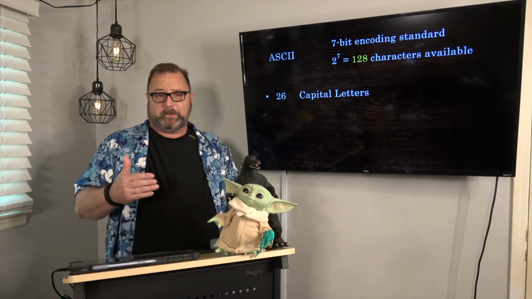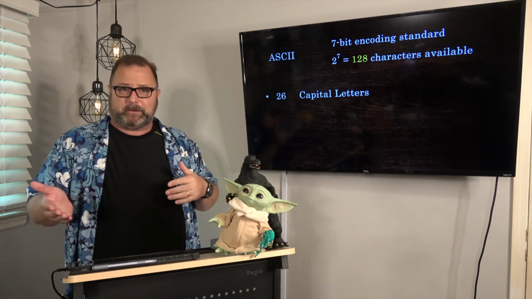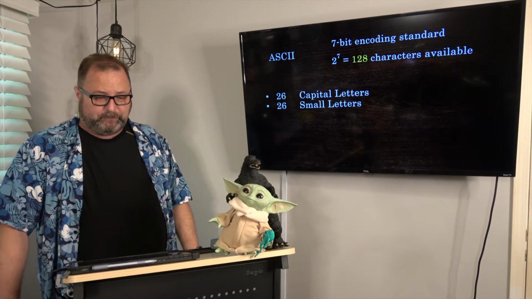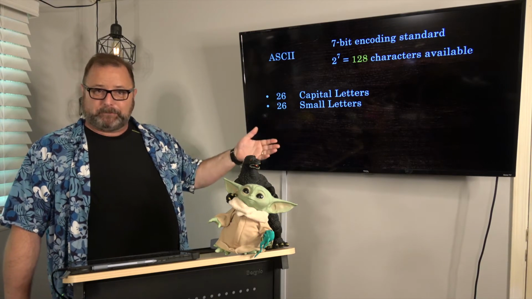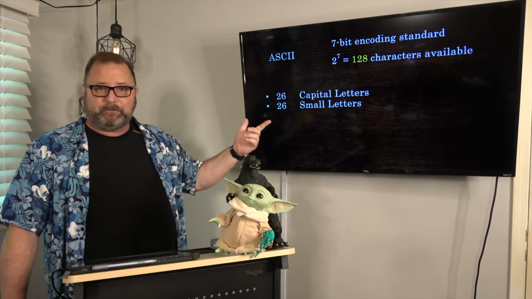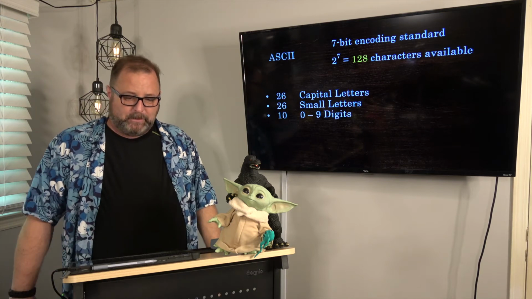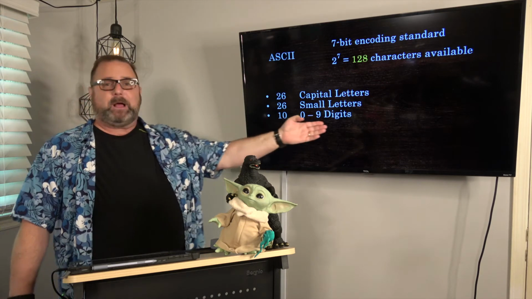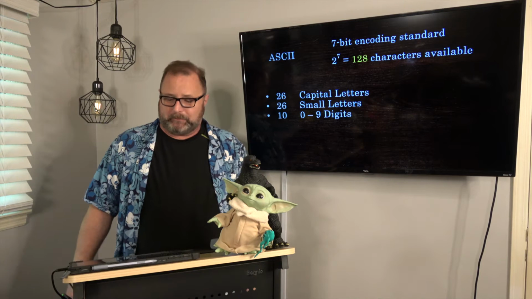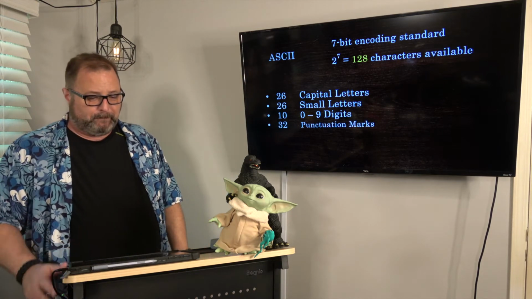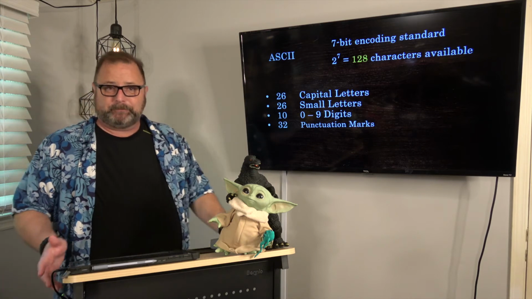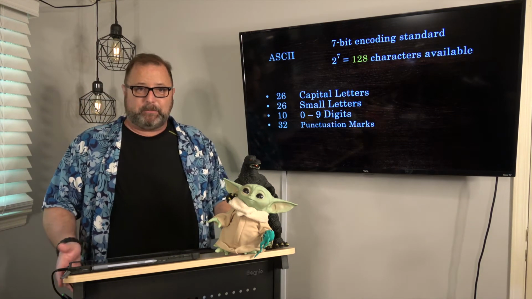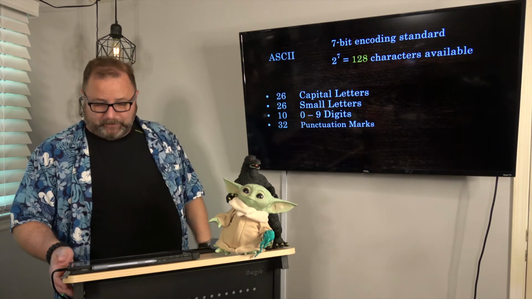But we also want to know the difference between a capital letter and a regular letter, so we use 26 more to represent the lowercase. That's 52 so far that we've burned. We can't forget 0 through 9, the digits in the English language. And believe it or not, there are 32 punctuation marks in the English language on a keyboard.